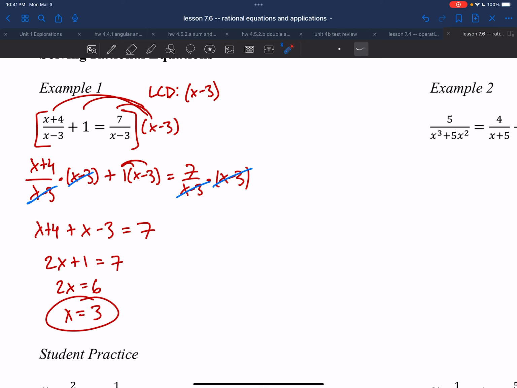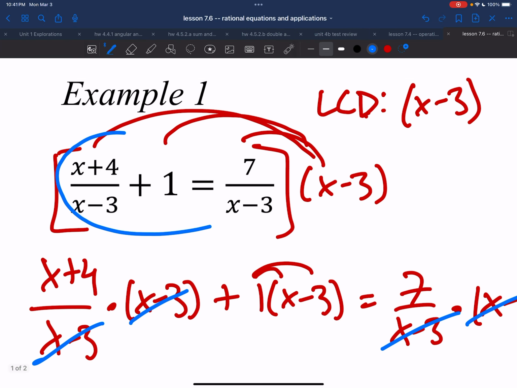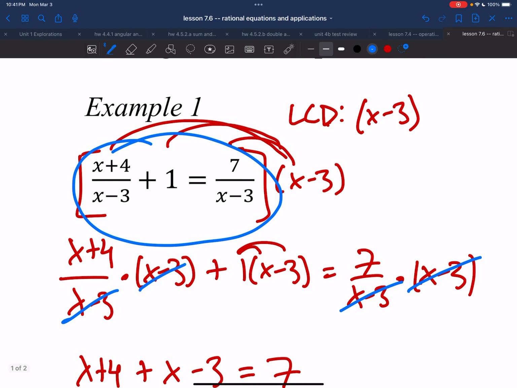And in Unit 7a, we've talked a lot about the fact that you should not divide by 0. And in Lesson 7.4, we also mentioned that when you're doing the algebra with these expressions, it's a good idea to state your variable restriction. So before I do all this solving, it would be a good habit to look at the expression and think, for what values of x would I cause division by 0?